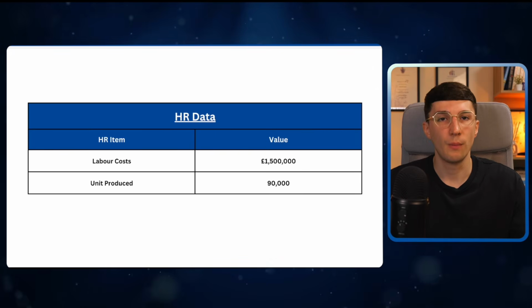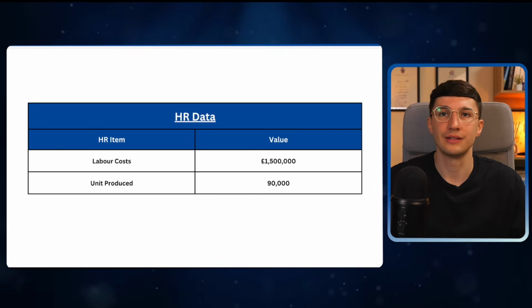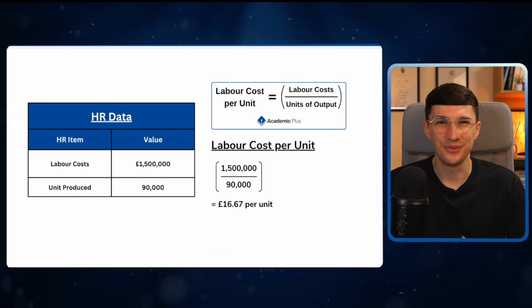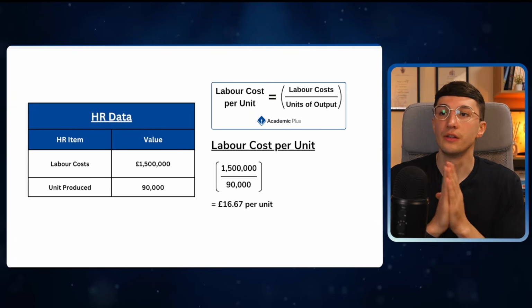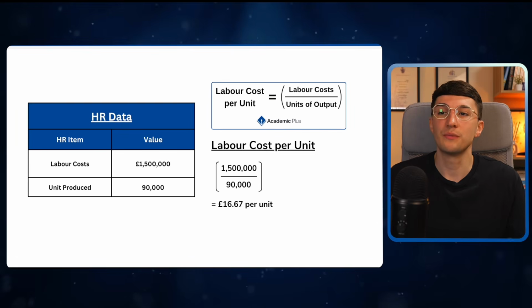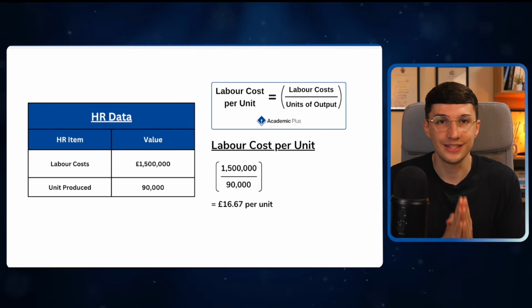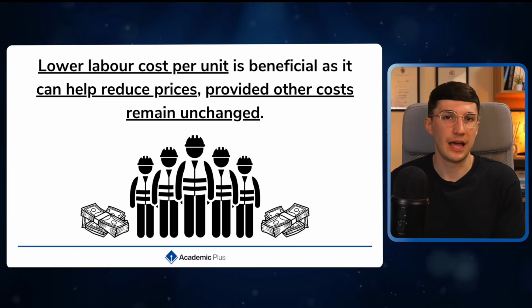My labour cost is £1.5 million, and we've produced 90,000 units. All we have to do is divide those two figures by each other. So we take the labour cost, £1.5 million, divided by the number of units produced, 90,000 units, which would give me £16.67 per unit.